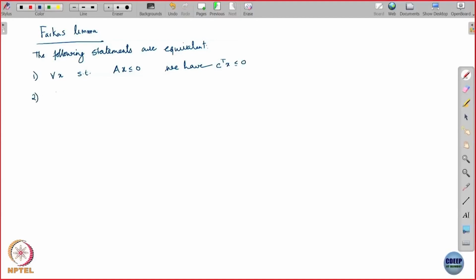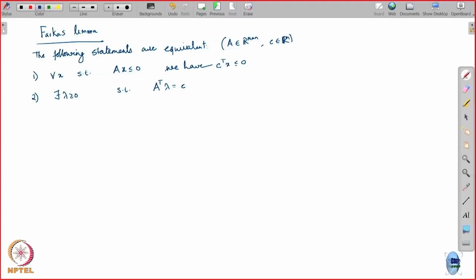And the second statement: there exists a lambda greater than or equal to 0 such that A transpose lambda is equal to C. Here, recall, A is just a matrix in R m cross n and C is a vector in R n. That is the context of this.